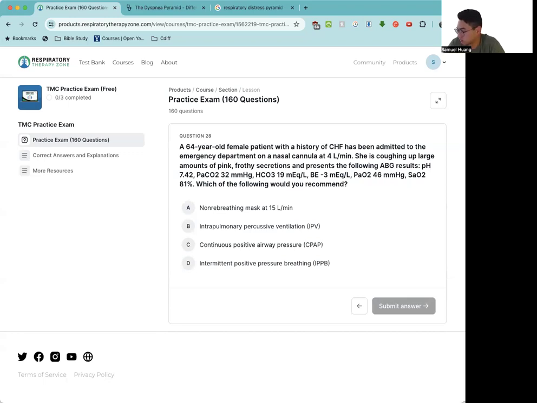ABG 7.42, PCO2 32. So PCO2 is kind of low. HCO3 is low. So it looks like a respiratory alkalosis with metabolic acidosis. Looks compensated well. SaO2 is low. PaO2 is low. We want to give them some kind of oxygen. CPAP does help.